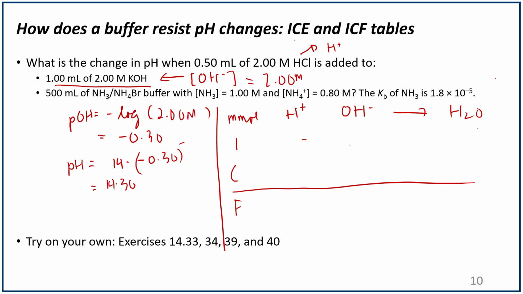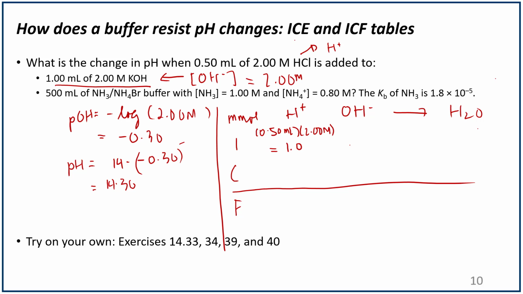Then to calculate the number of millimoles for H plus, we are given 0.50 mL. No need to convert again if we're working with millimoles. 0.50 mL times 2.00 molar, that's the concentration of H plus as well. So that's going to give you 1 millimole.